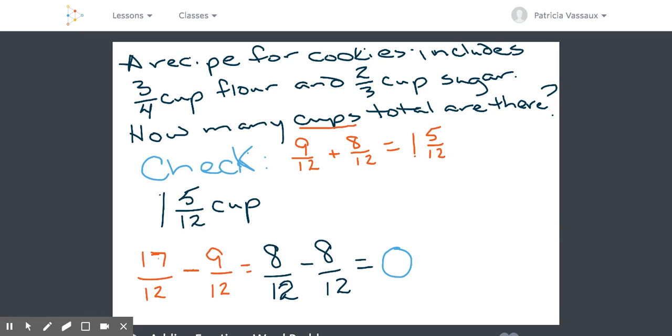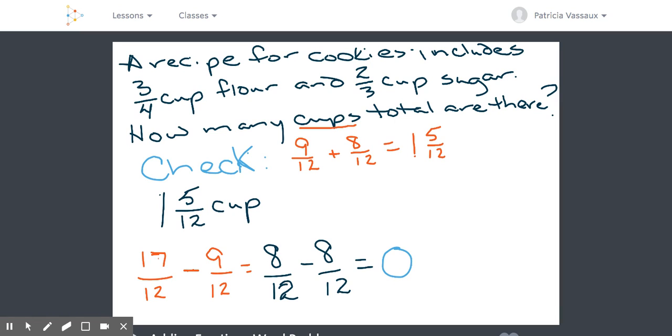Now we can go through. We used addition to solve this problem, so let's use subtraction to check it. Working backwards, we had a final answer of 1 and 5/12 cups. So we go back to our improper fraction, 17/12, and subtract our first addend: 17/12 minus 9/12 equals 8/12.